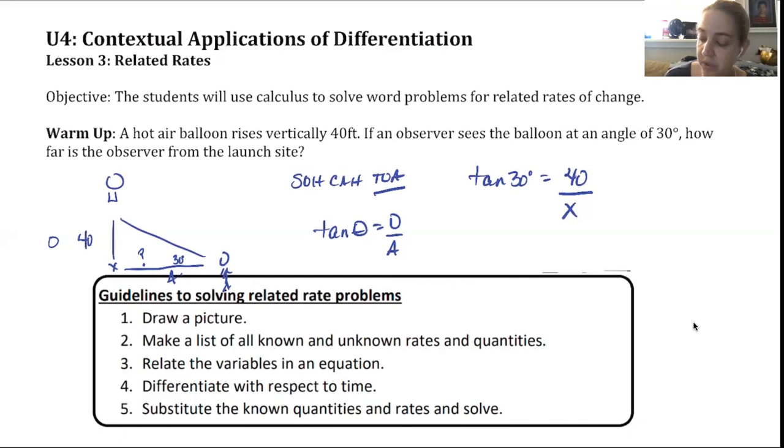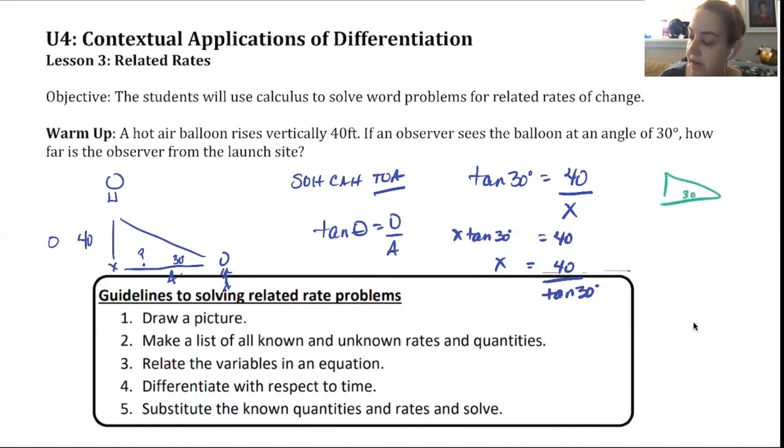I am going to multiply both sides by X. So X tangent 30 degrees equals 40. I'm going to divide both sides by tangent of 30. So 40 over tangent of 30 degrees. Yes, you can put this in your calculator, but this is good practice for not putting it in your calculator. Recall special right triangles.